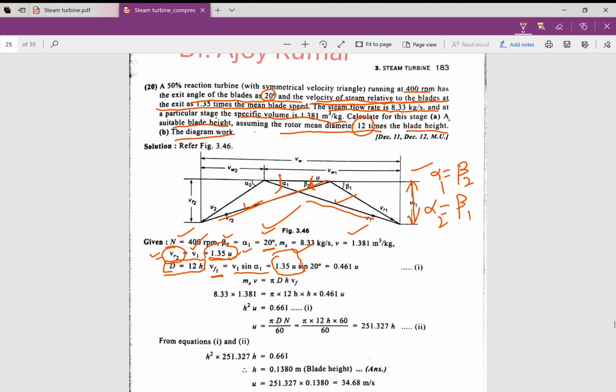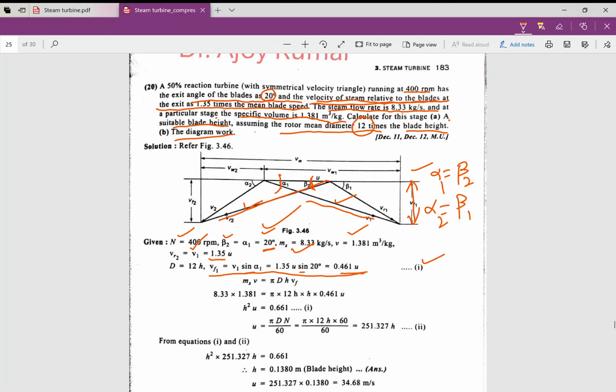Right? Dear students, now it is clear. So now write down this equation, right? And we can get Vf1 in terms of U. Consider it equation number 1.